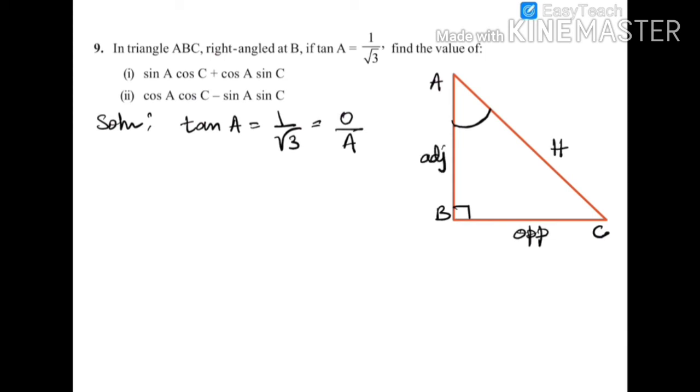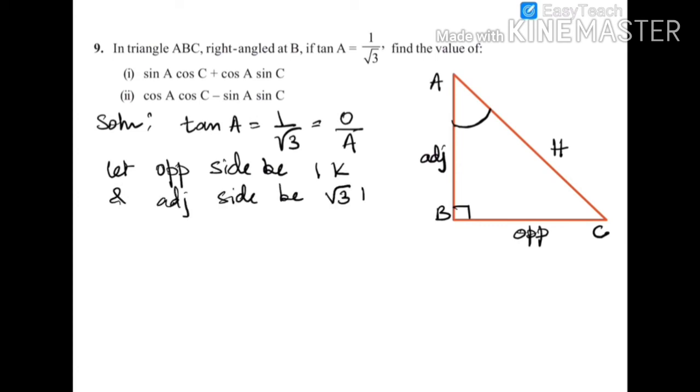Hypotenuse is AC. Since this ratio 1 upon root 3 is in its lowest form, let's consider a common factor k, and we can say that let opposite side be 1k and adjacent side be root 3k. So let's mark these sides in the figure. Now we can find out the third side using Pythagoras theorem.